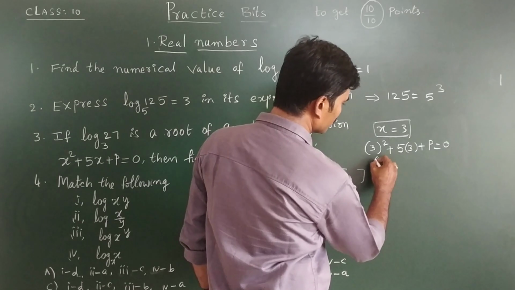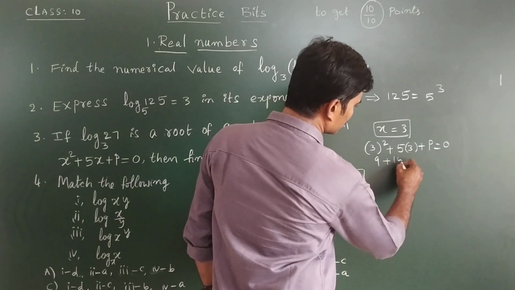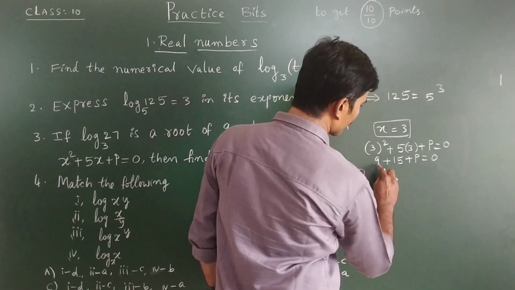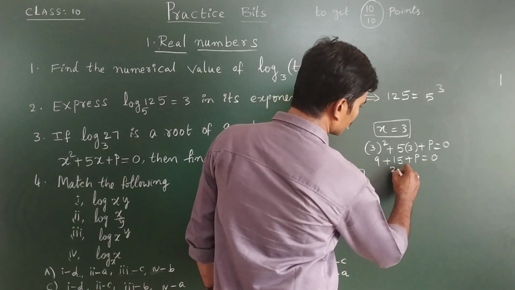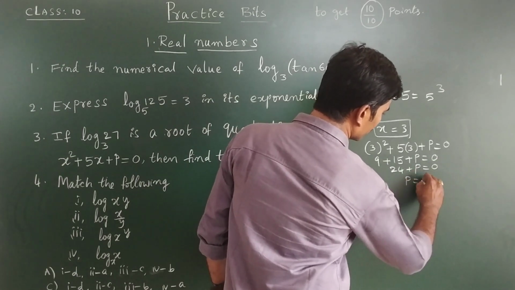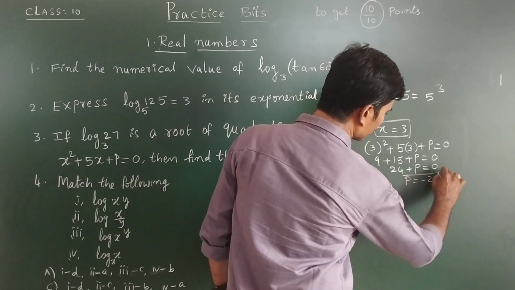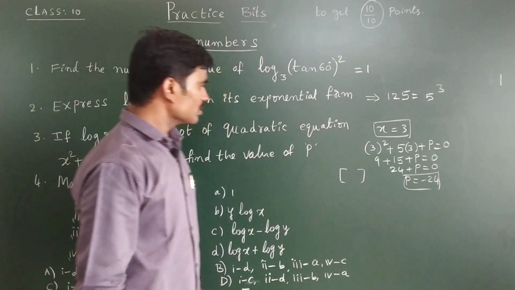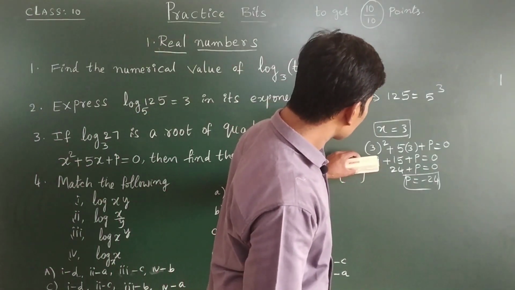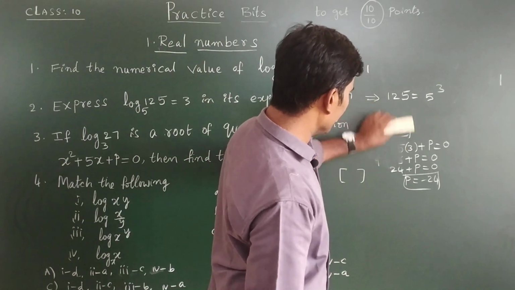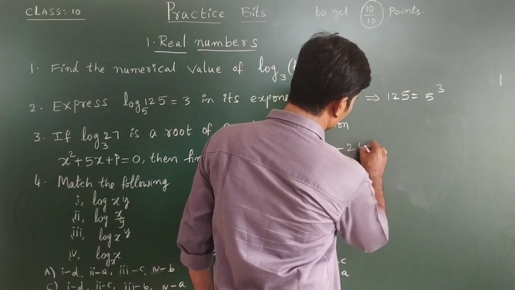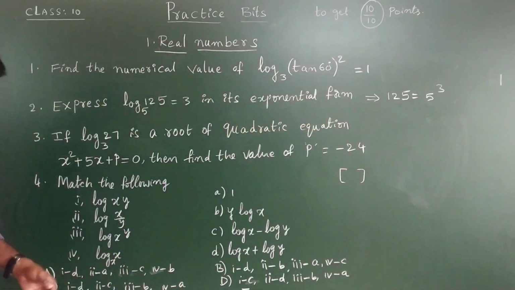So 3 square value 9, 5 3s are 15, plus p is equals to 0. So 9 plus 15, 24 plus p is equals to 0. So p value is minus 24. So these are the very important bits and practice well.